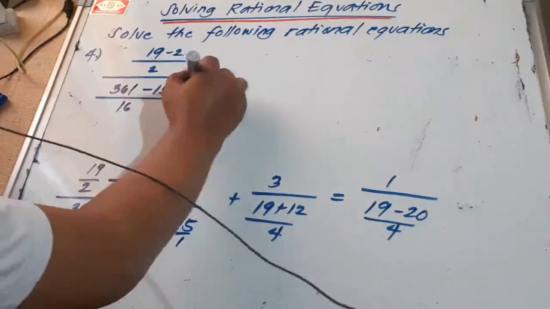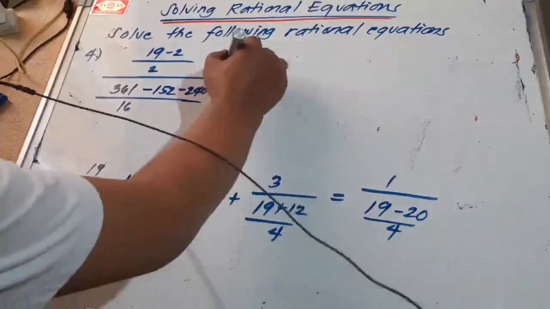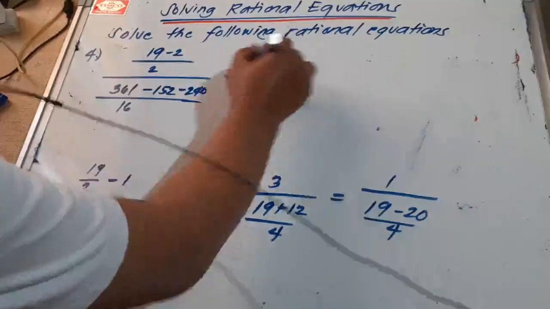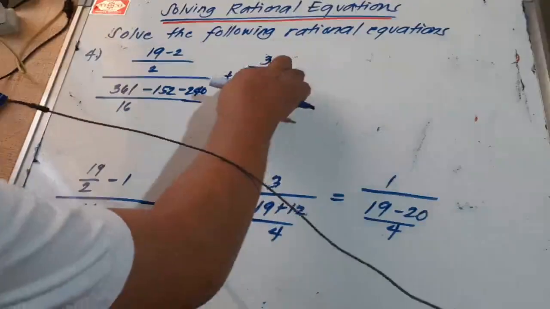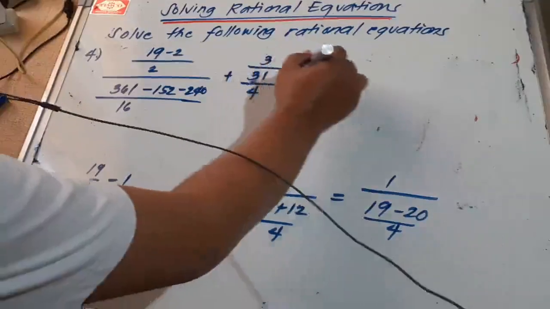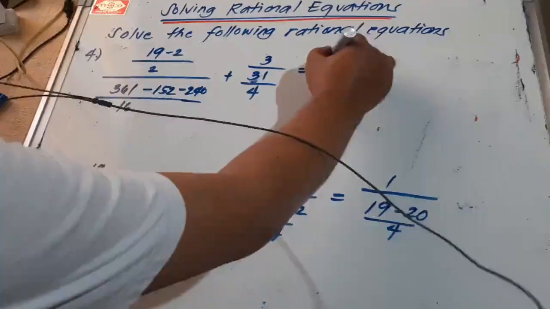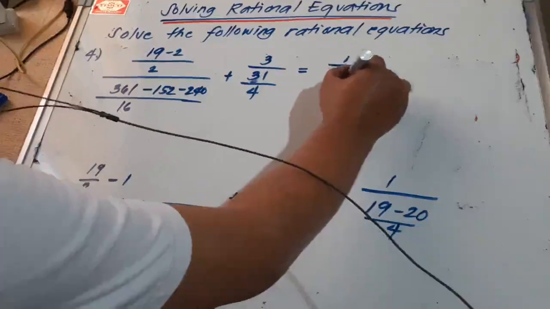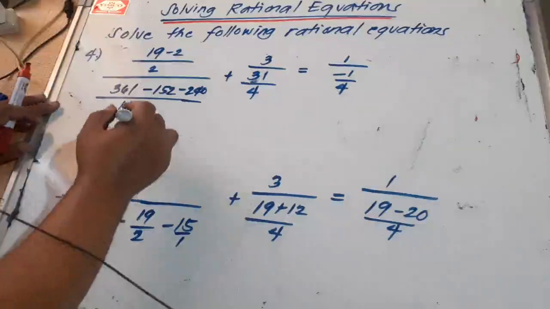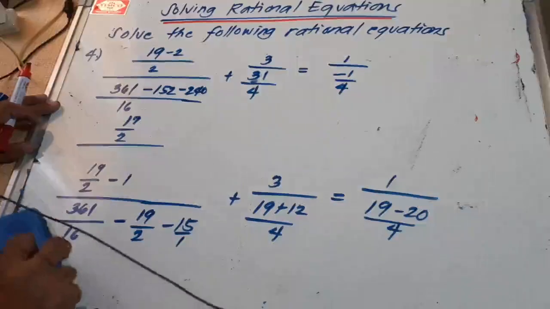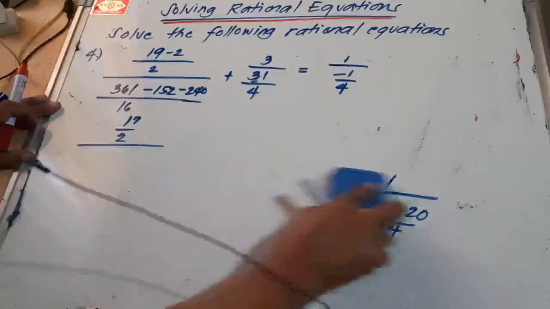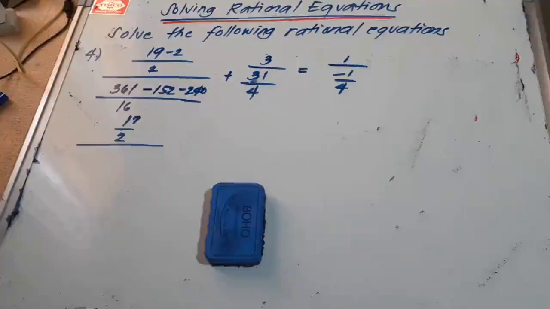So we have negative 240 here. We have plus 3 over 31 over 4, equals 1 over negative 1 over 4. Okay. Now, we have 17 over 2, all over, sa ilalim, that will be 361 minus 152 minus 240 equal to negative 31.